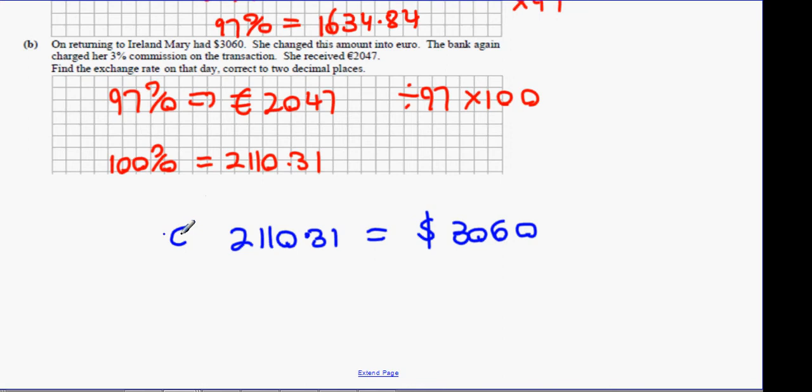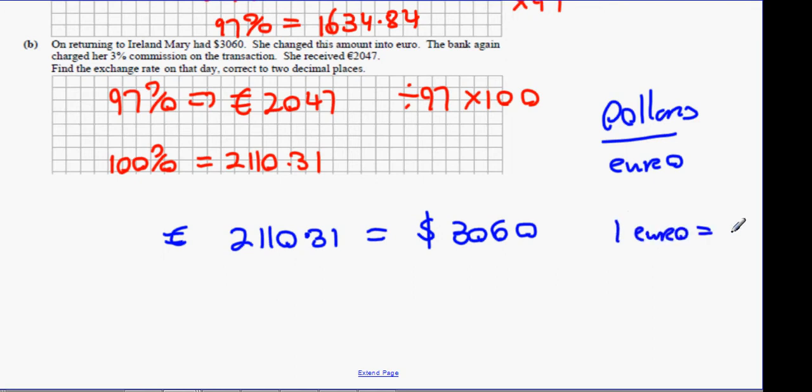Now how do you get the exchange rate? Divide them. So you're going to divide the dollars by the euro. Dollars divided by euro gives you how much 1 euro is in dollars.